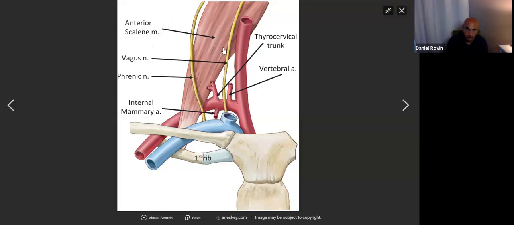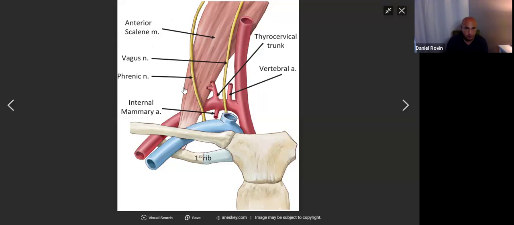And then we've got nerves running next to muscle. There is the subclavian artery. There is the subclavian vein. Notice that they're actually split by a muscle here called the anterior scalene. Okay. The anterior scalene is one of three muscles. There will be a middle scalene on the other side of the subclavian artery.